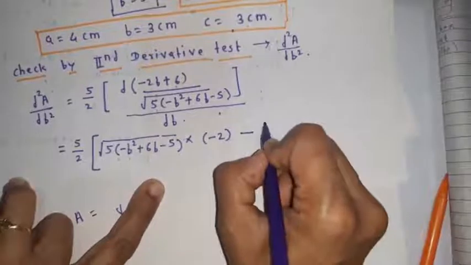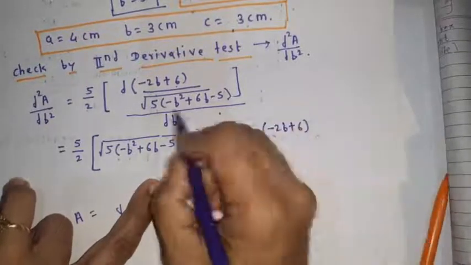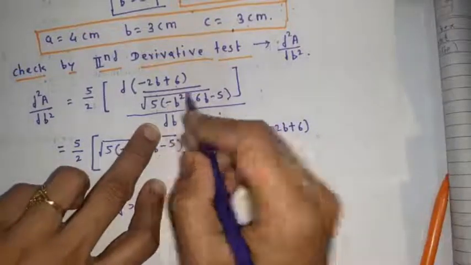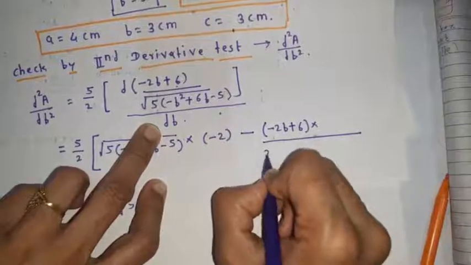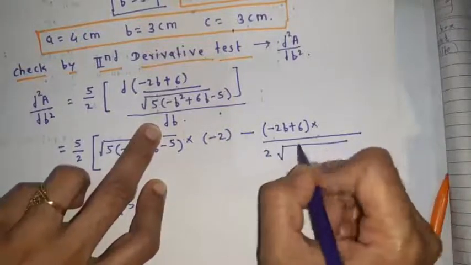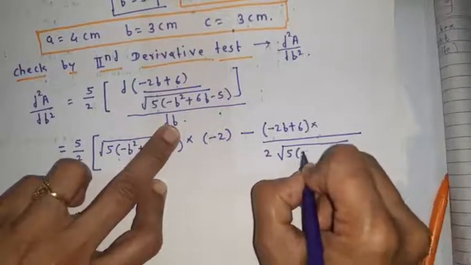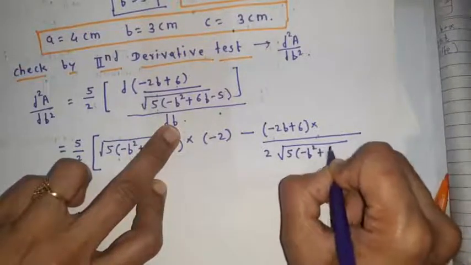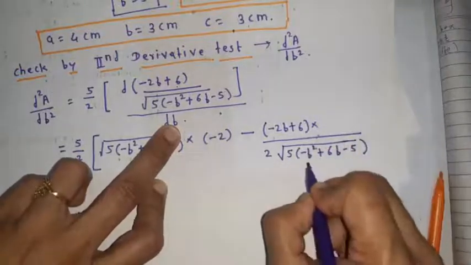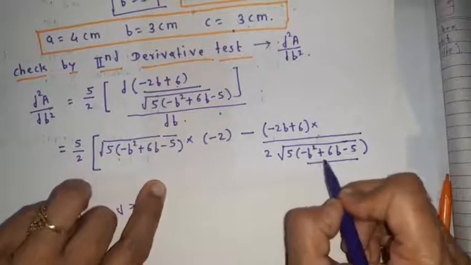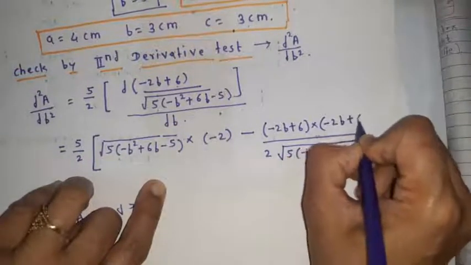Now minus 2b plus 6 is constant, and for the differentiation of the denominator, we write directly: that is 1 upon 2 square root of 5 into minus b square plus 6b minus 5, and into the differentiation of that term, which is minus 2b plus 6.